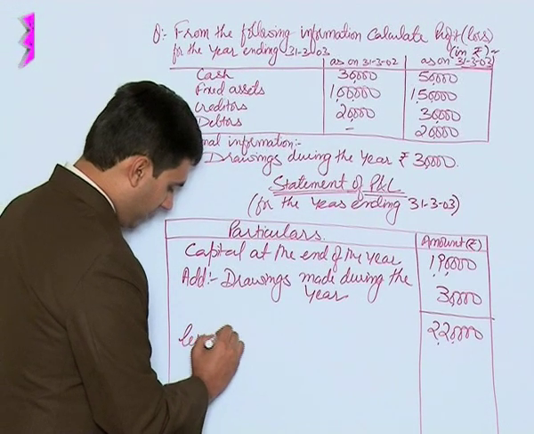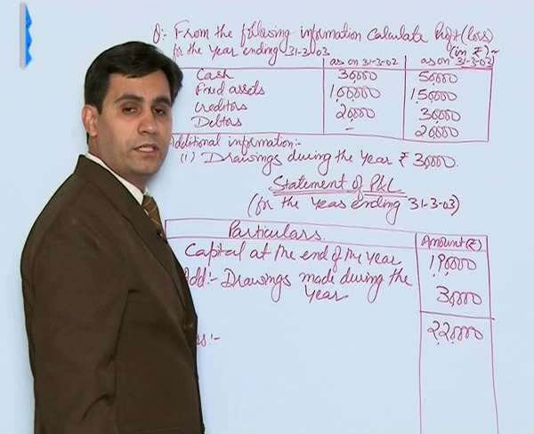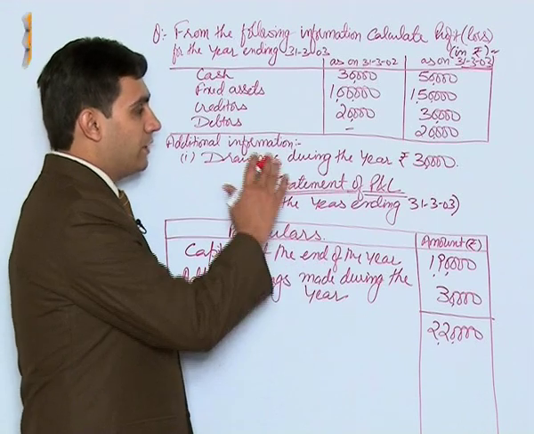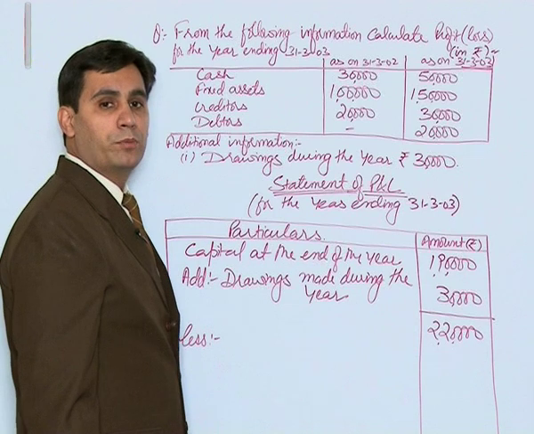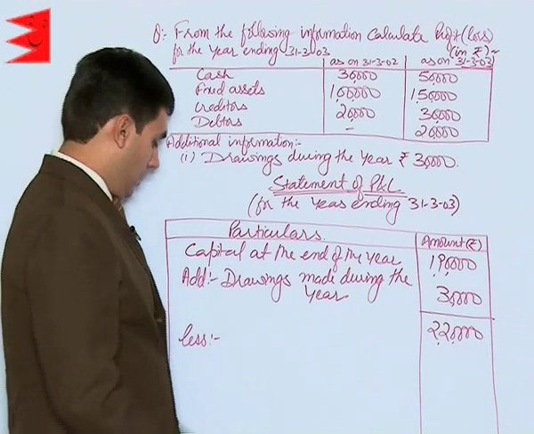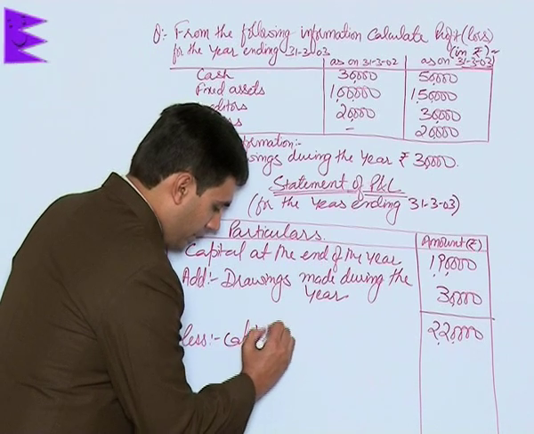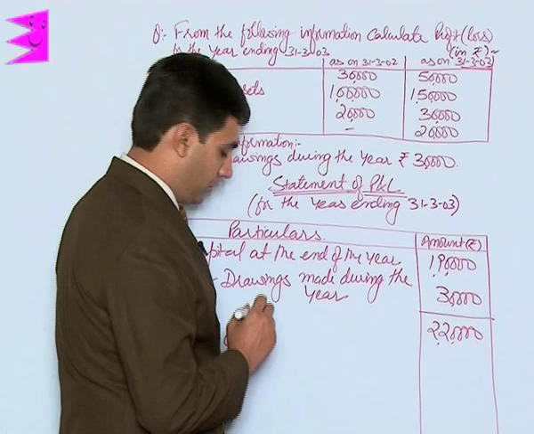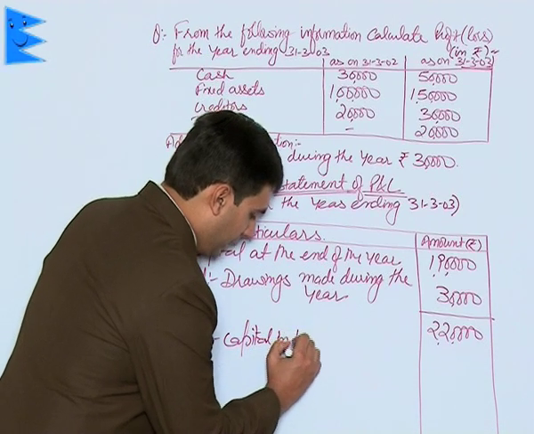From this figure, we are supposed to deduct additional capital during the year and capital at the beginning of the year. In this question, there is no information about additional capital, so that would be taken as nil. Whereas capital in the beginning of the year, we had calculated it to be rupees 1,10,000.